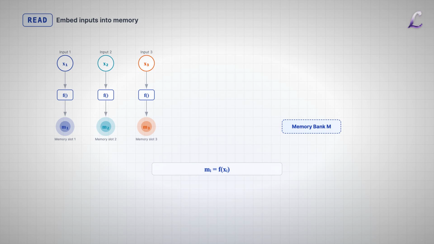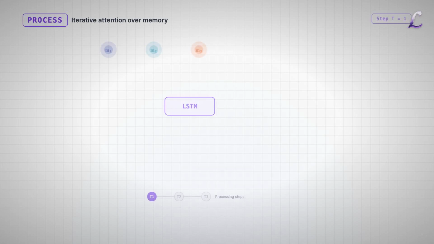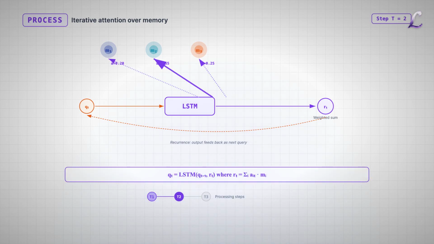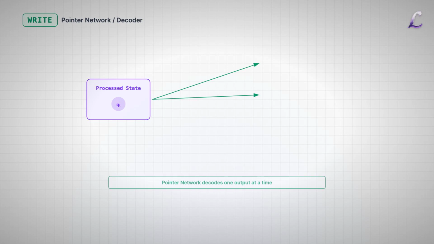An LSTM runs for capital T processing steps, but instead of reading input elements sequentially, it attends to all of them at every step. At step t, the LSTM updates its hidden state q_t star. Then it computes attention score e_i,t over all memory slots m_i, using the current hidden state as a query. These scores are softmax normalized to get attention weights a_i,t, and used to compute a weighted sum r_t over the memory.